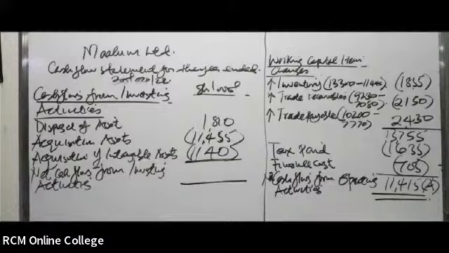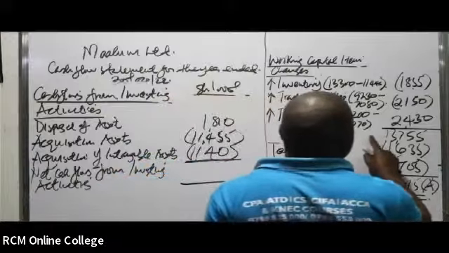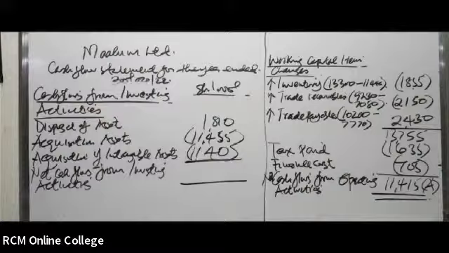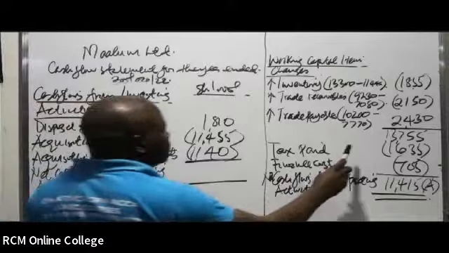So that 750 you're going to deduct. If you put a bracket, then you deduct. I've already wrapped my figures, but you can put a bracket and deduct. You need to correct this figure here.